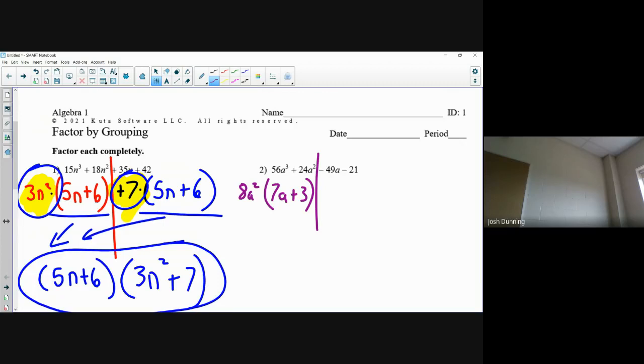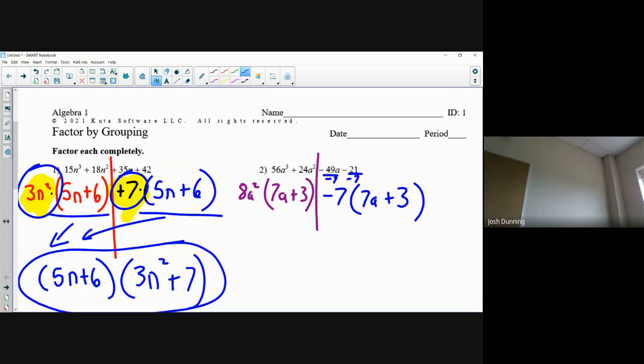I can divide those both by 7, but I'm gonna divide by -7 as my GCF instead. That way, when you divide -49 by -7, it switches to positive. -21 divided by -7 switches it to +3.